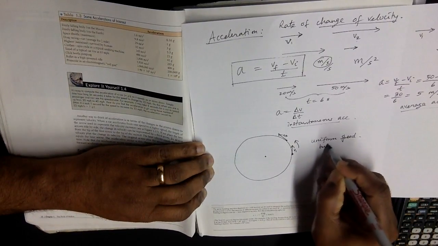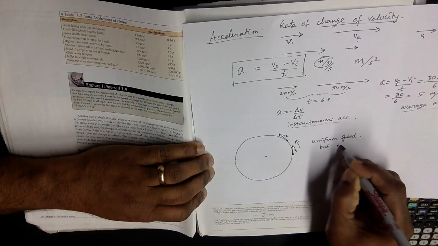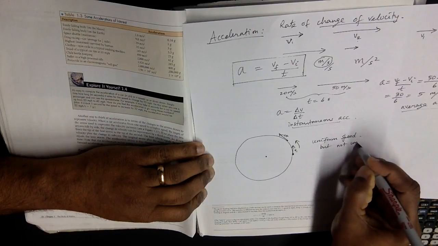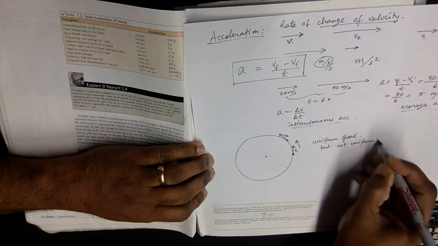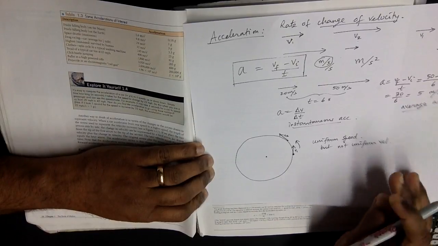but not uniform velocity. Why? Because the direction is changing.